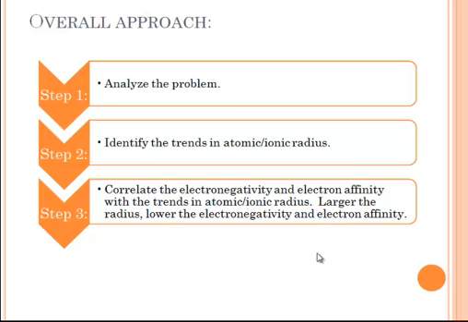If you have any problem ranking those elements in terms of electronegativity, you first understand the problem, then you identify the trends in size, and then you use that to correlate with electronegativity and electron affinity. Essentially, the larger the size, the lower the electronegativity and the lower the electron affinity.